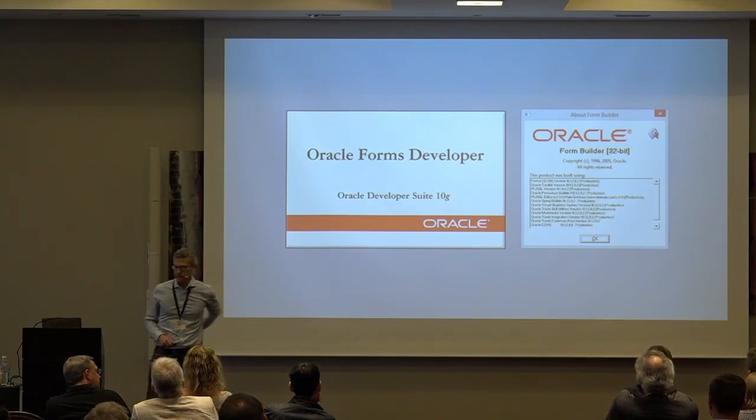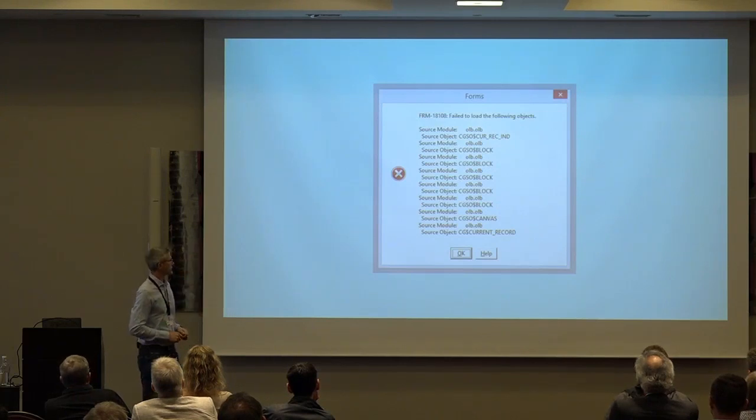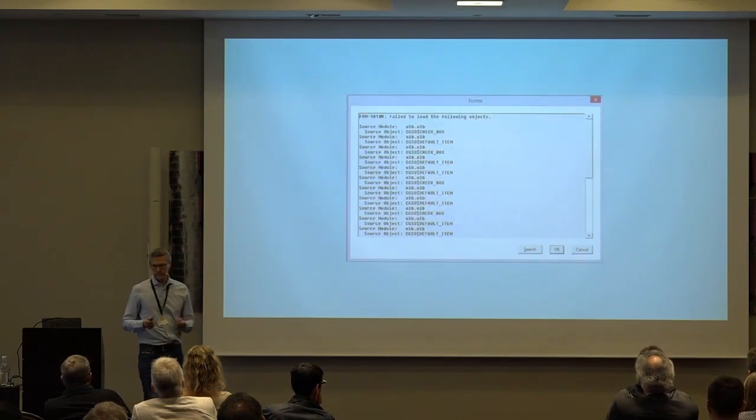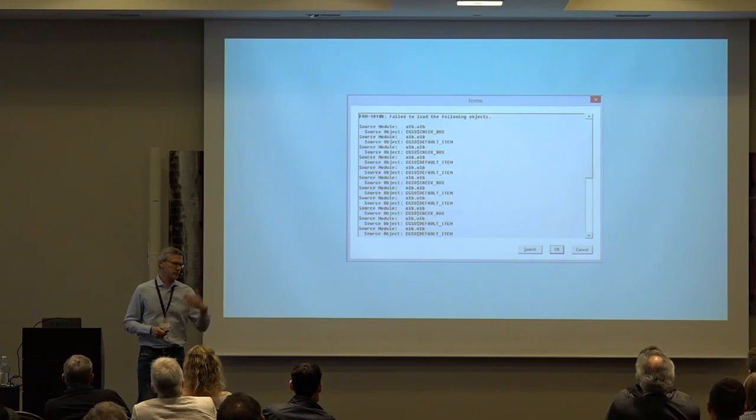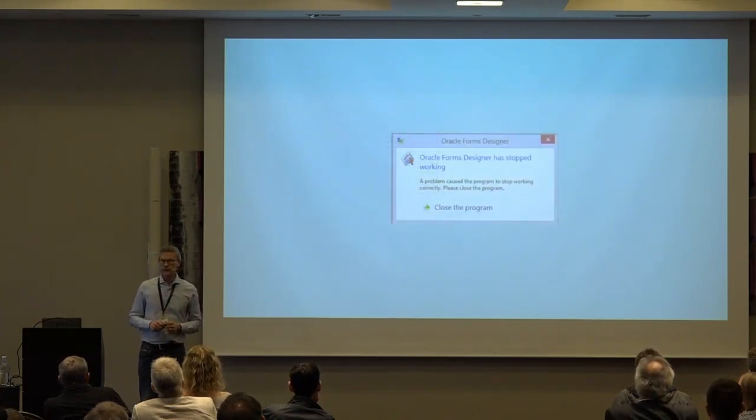So I finally had something installed. 10G, now finally I could really see what was going on, right? Of course, when you try to open your forms, your libraries weren't linked together correctly. But oh well, you basically pass on. Who cares about the libraries, right? Or every now and then it just stopped working for whatever reason.